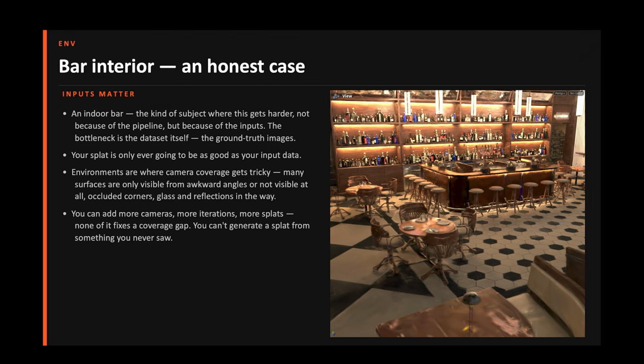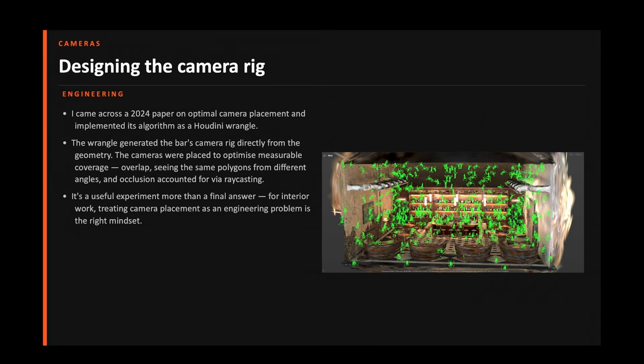And of course, after I realized that designing the camera rig actually was the task I need to overcome, I found this paper from 2024 on the optimal camera placement. So I just implemented it in a Houdini Wrangle, and you just pipe the geometry into the wrangle. It will mathematically position those cameras based on how much they overlap, if they are seeing the same subject from multiple angles, if they are occluded, and so on.